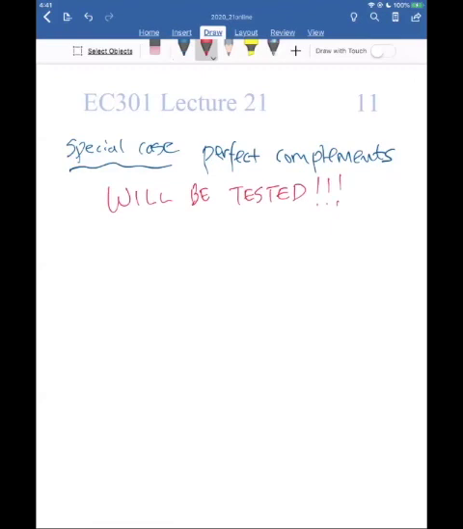A perfect complement production function is telling us that in order to produce an output, we need both types of inputs in pairs, in some fixed proportions, not necessarily 1-to-1 pairs, but it has to come in some package like 1-to-6 or 1-to-5.